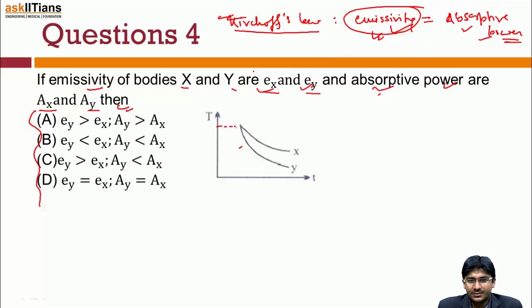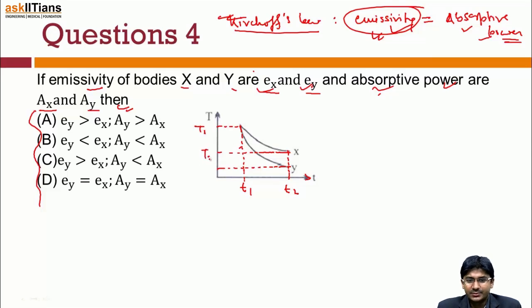Let's mark on the graphs. This is this point. This is this point. This is this point. Okay. Now this is the time scale. Let's make this T1, make this T2.